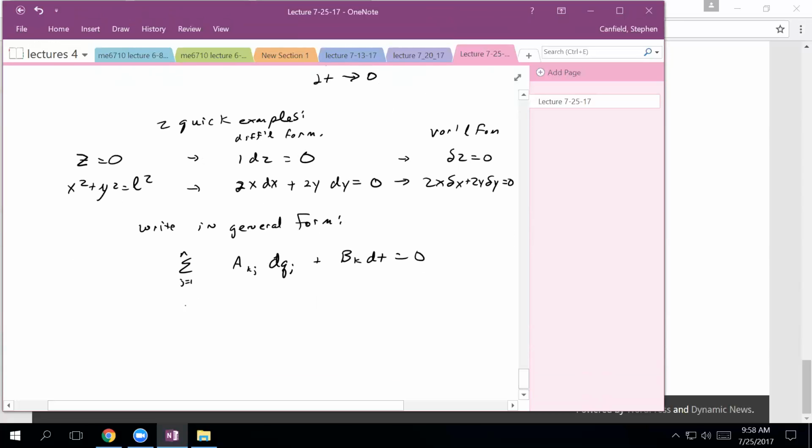For the variational form, I get sum for j equals 1 to little n, A, k sub j, the same A, times now the variation of qj, equals 0. And k is my constraint index. So if I have one constraint, k is 1. If I have many constraints, k is many.